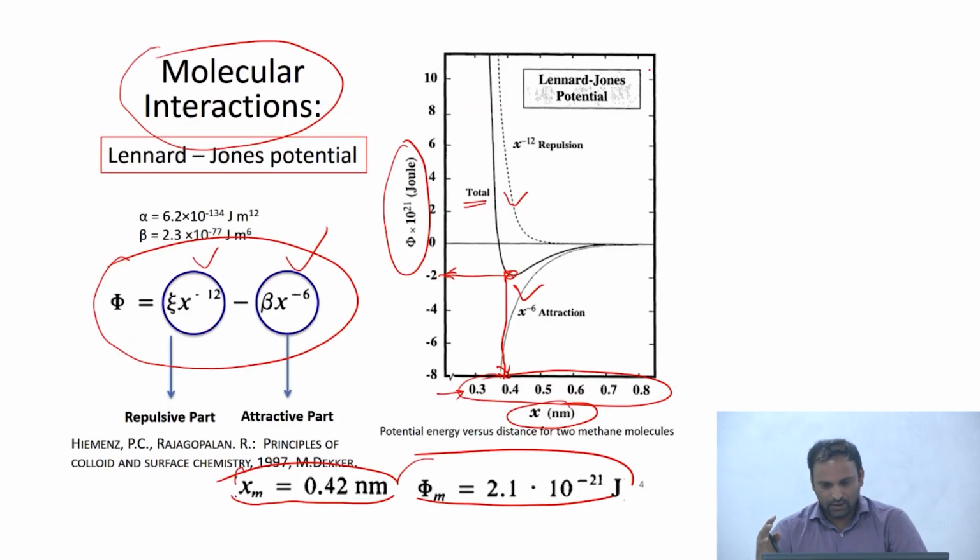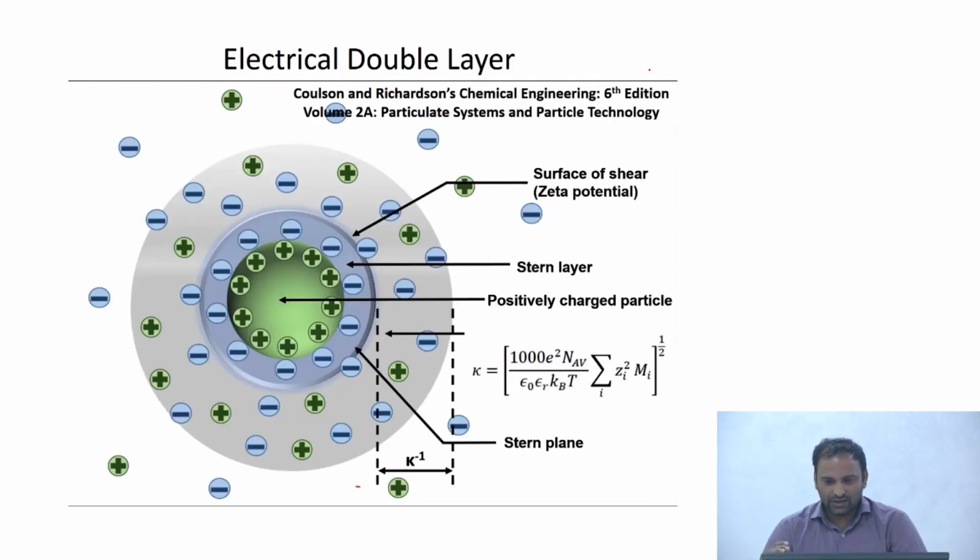That's the point. What you're looking at is a schematic. What you have in the inner region is a charged particle. The moment I put a particle in water, it can acquire charges.